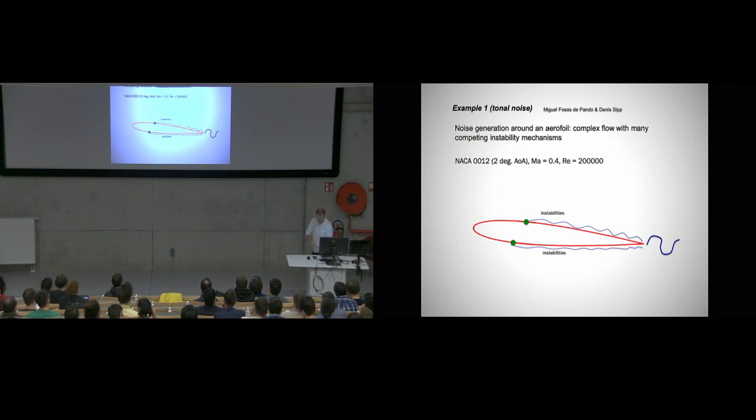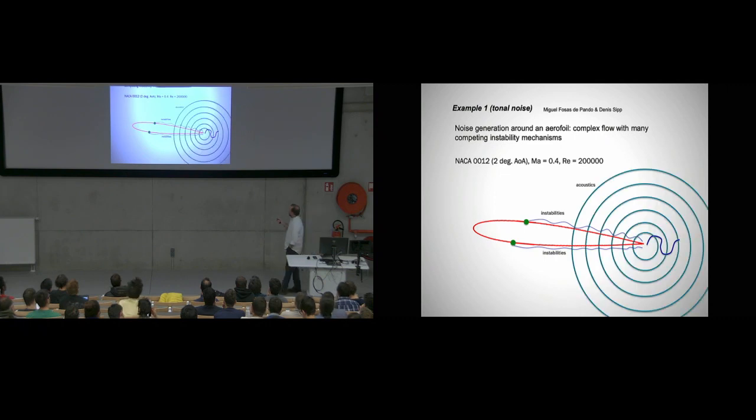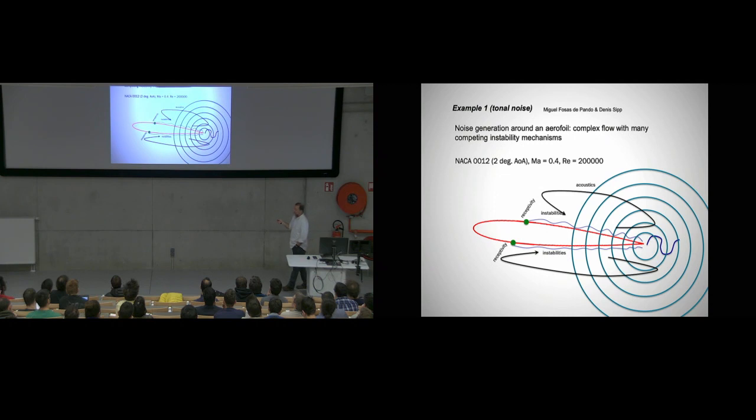The high shear generates an acoustic wave that radiates in all directions, also upstream, and at some point re-triggers that instability. So we have a feedback loop between hydrodynamics and acoustics on the top and on the bottom. Two feedback loops talking to each other through the trailing edge.